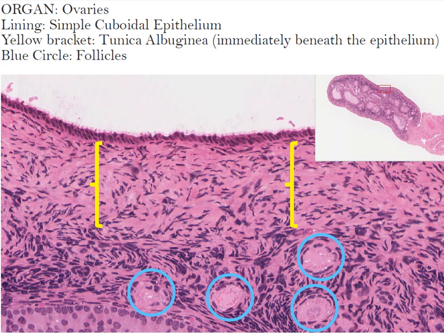Yung next layer after the epithelium is the Tunica Albuginea, no? Immediately beneath the epithelium. And yung sa blue circles naman natin, ito na yung makikita natin mga follicles that would eventually become your egg cells after 1 month.